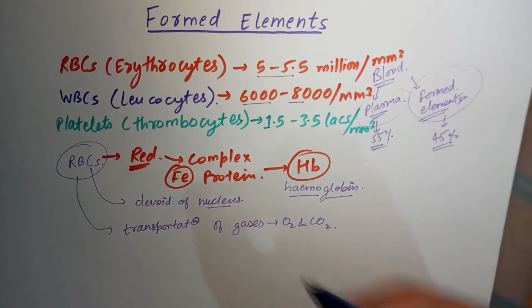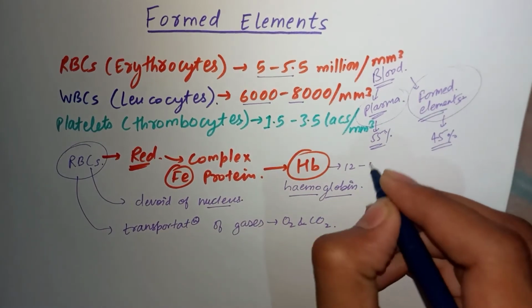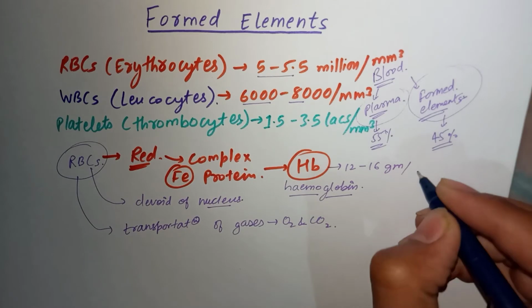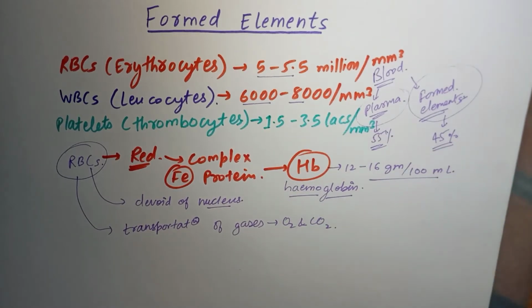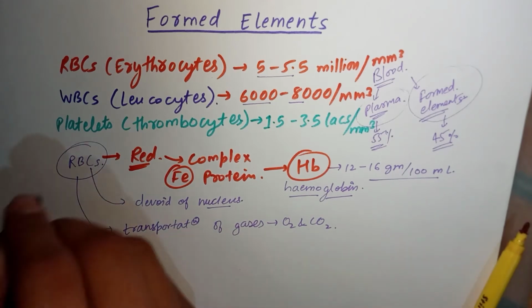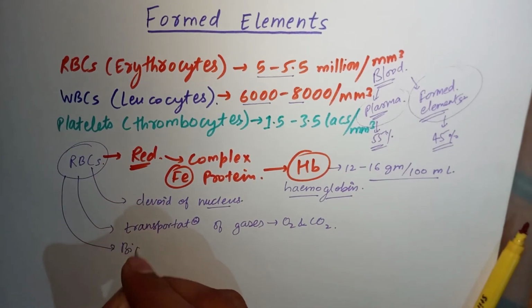HB is 12 to 16 gram per 100 ml of blood in a normal individual, and due to this hemoglobin, it appears red and it is devoid of nucleus. It is biconcave in shape.